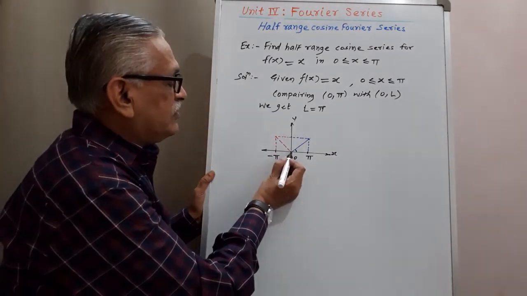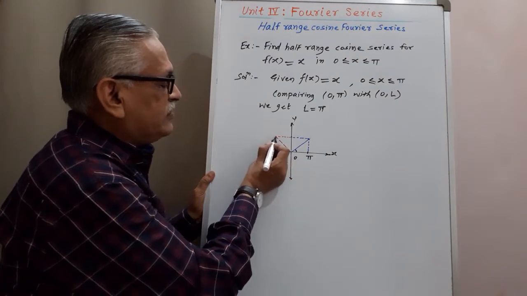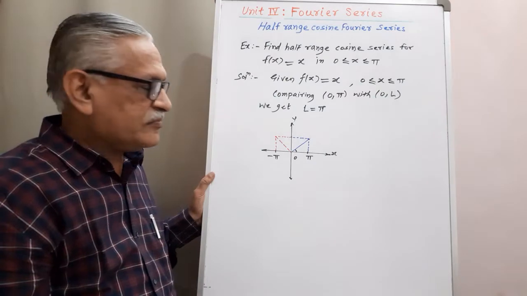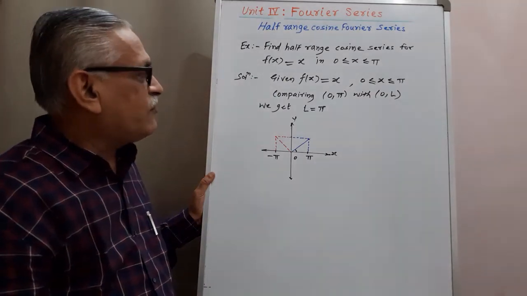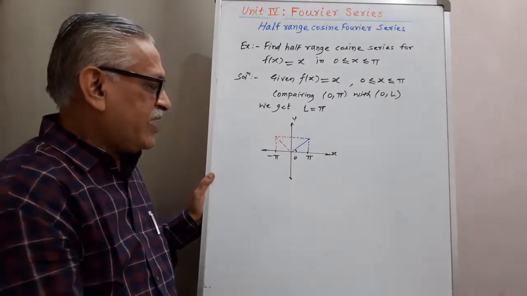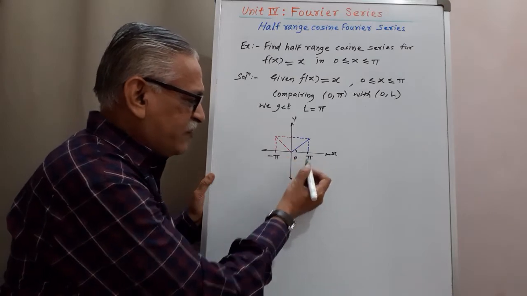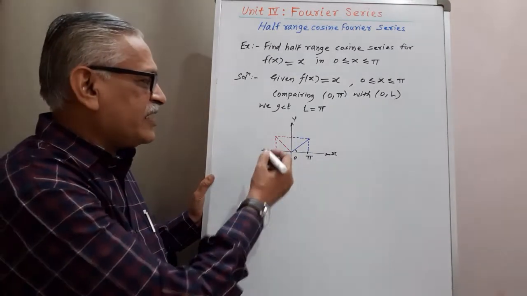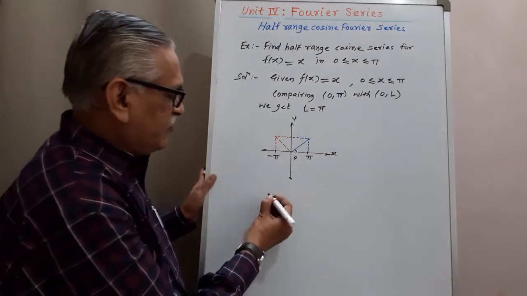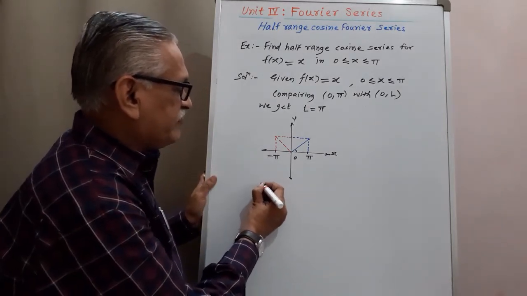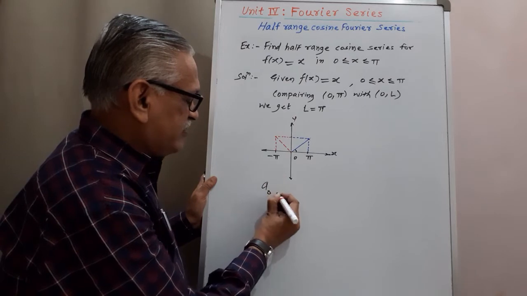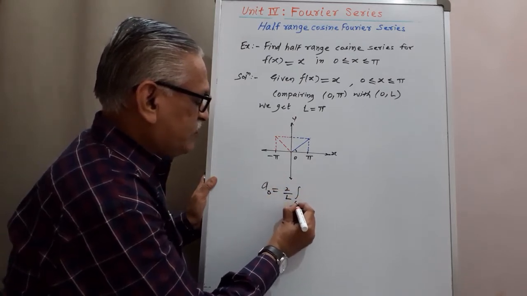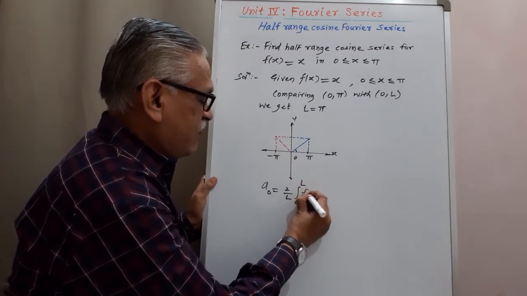Therefore, between 0 and minus pi, this is the extension, the image of that line f of x equal to x, and therefore the extended function is an even function. As it is an even function, we require to find a0 as 2 by L integration from 0 to L f of x dx.